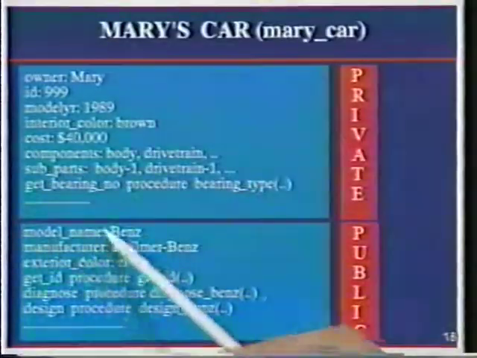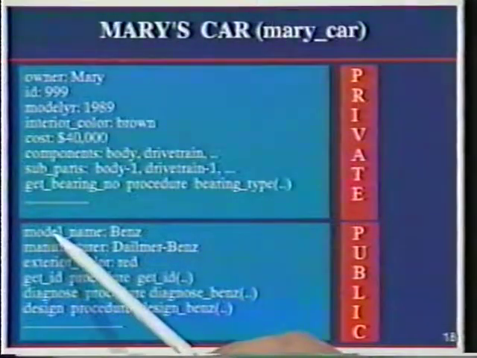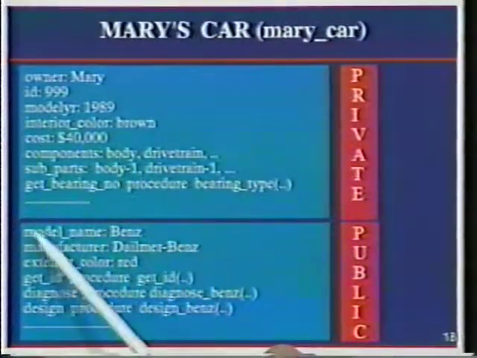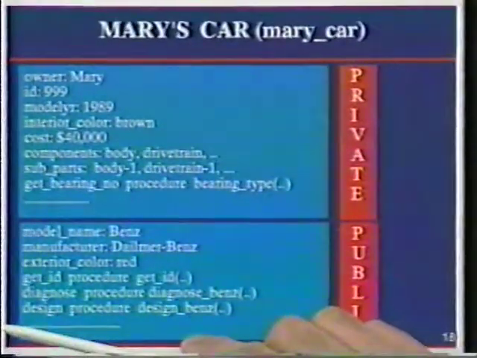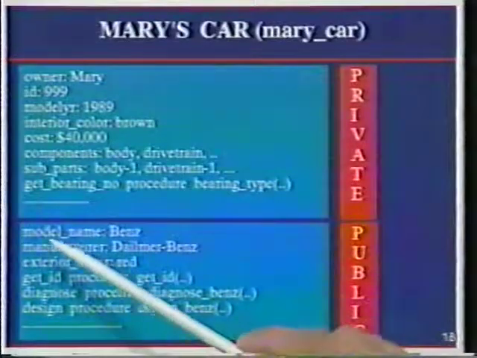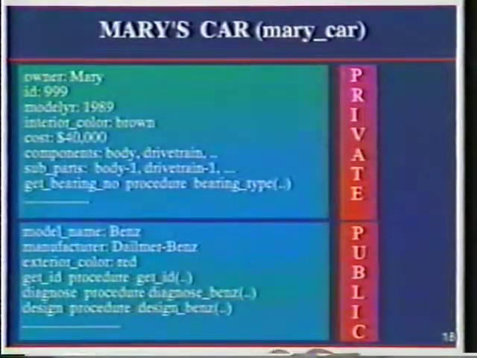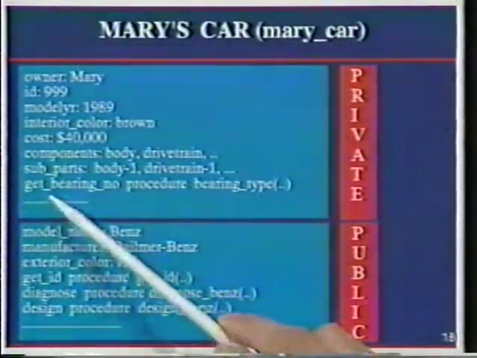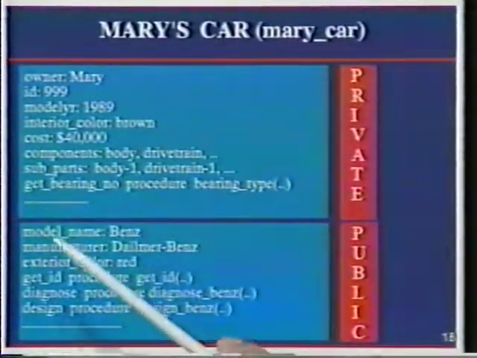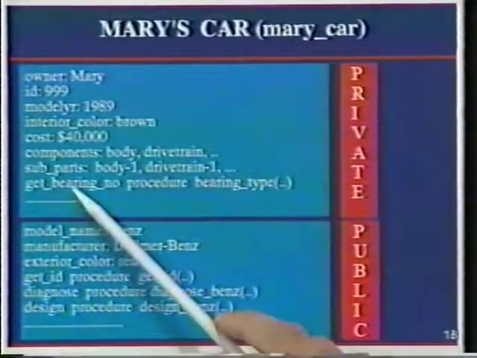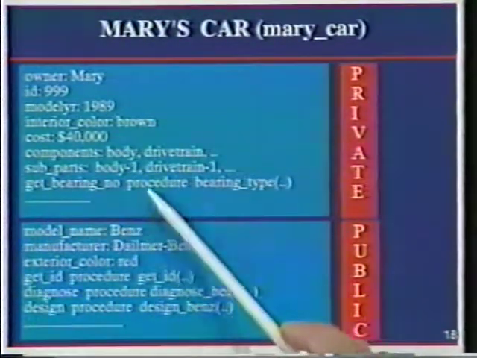However, if you look at Mary's car, it's kind of obvious that we don't really need to hide the model name, because we can easily see it from looking at Mary's car. So we can take the model name out of the private part of the structure and put it into the public part. Similarly, we have added a new behavior into the private part, one that you don't want everyone to see.